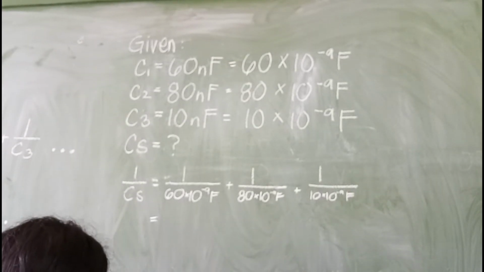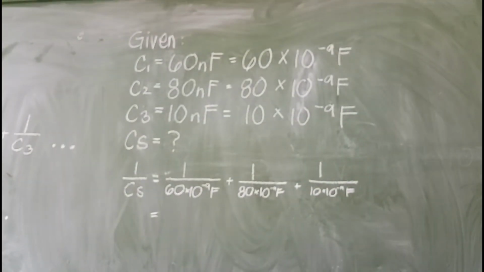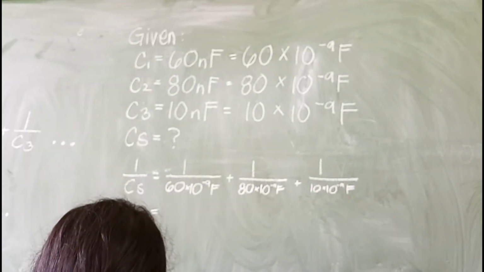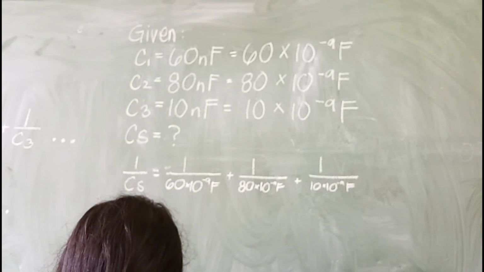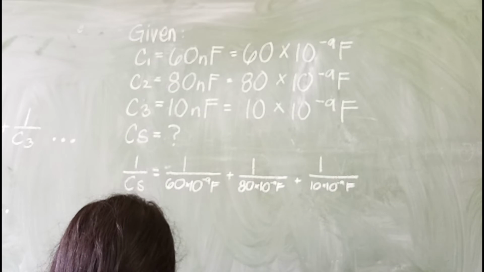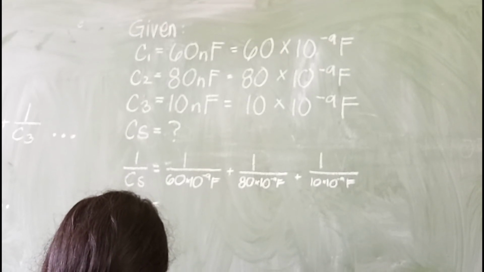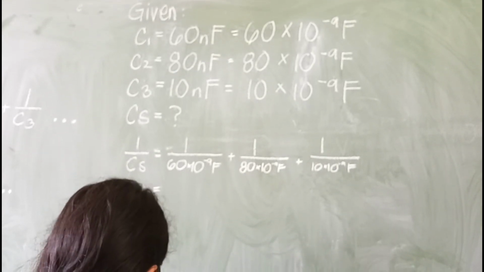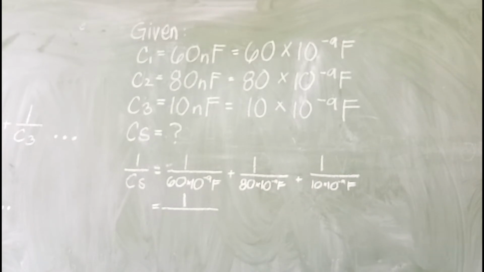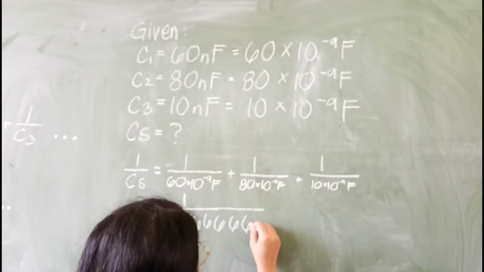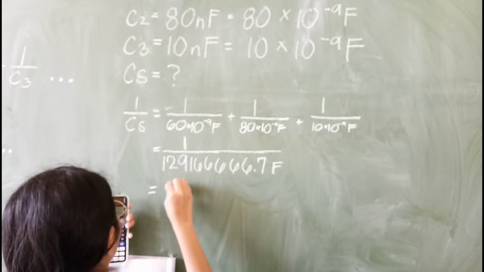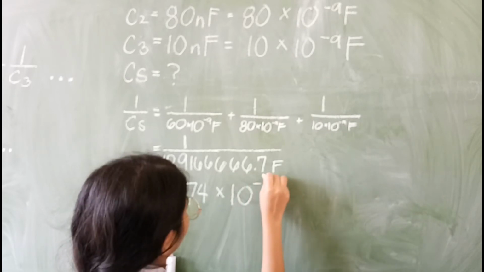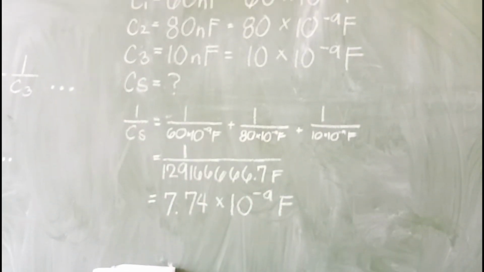Let's substitute. 1 over total capacitance equals 1 over 60 times 10 raised to negative 9 farads plus 1 over 80 times 10 raised to negative 9 farads plus 1 over 10 times 10 raised to negative 9 farads. Equals 7.74 times 10 raised to negative 9 farads.